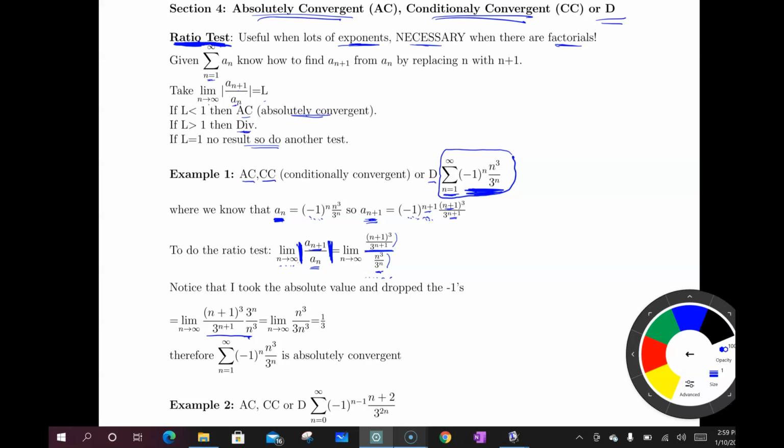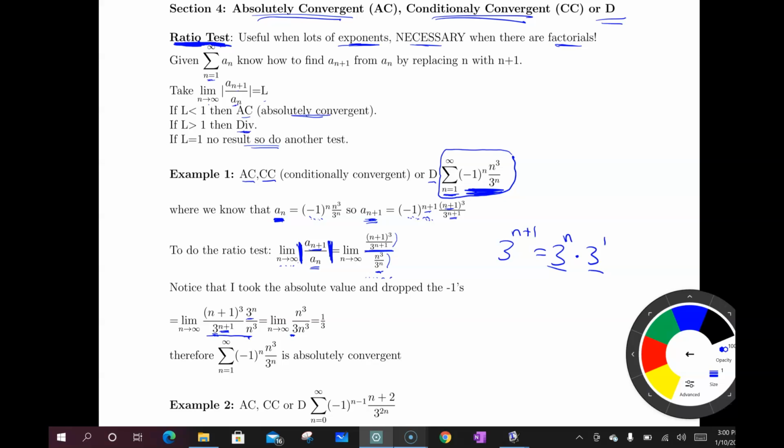Now I'm looking to do the limit with the highest powers. So let's be careful with this 3 to the n plus 1. 3 to the n plus 1 is the same as saying 3 to the n times 3 to the 1, correct? By splitting it up, I can see that the 3 to the n's will cancel, and I'll still have a 3 in the denominator.